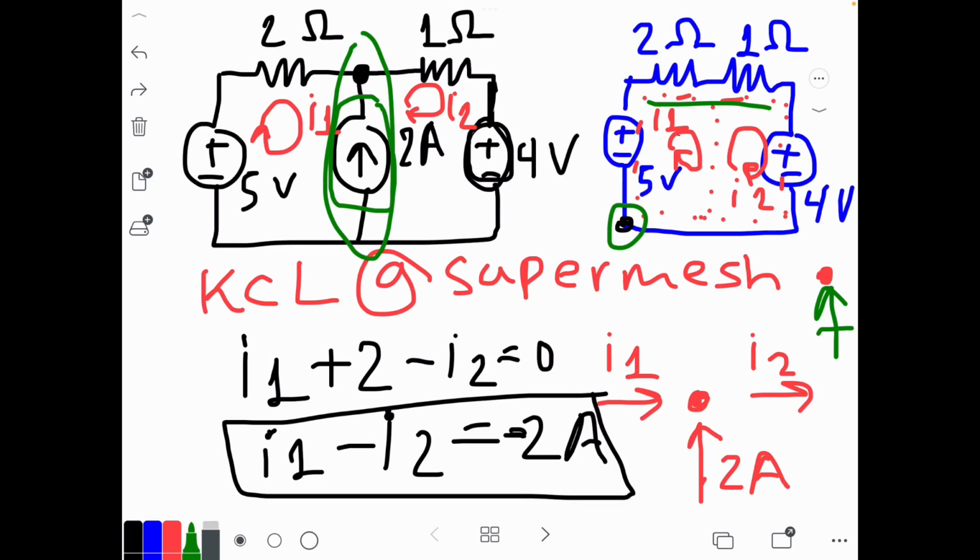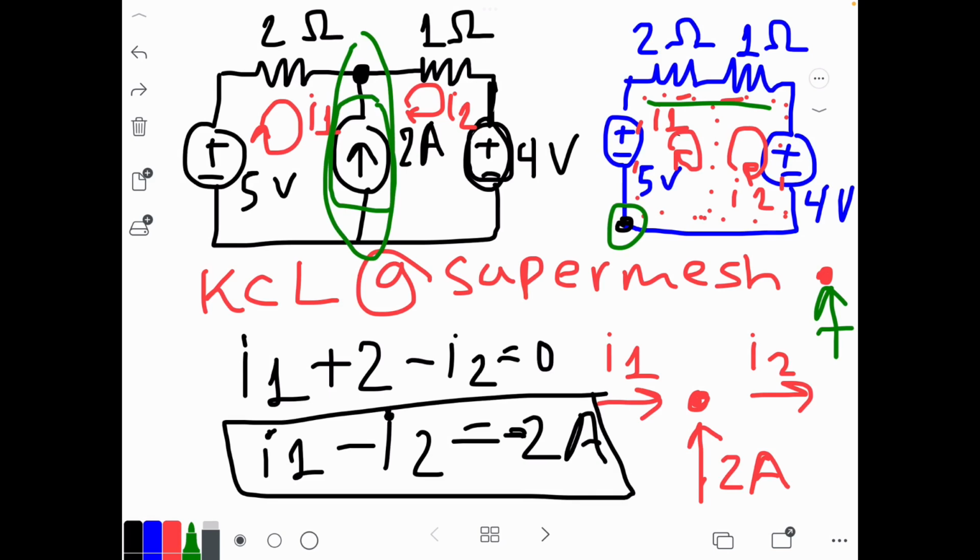So we're going to do a schematic. We know that I1 is going into that node because we're doing clockwise. 2 amps is going into that node because we know the direction is going up, and I2 is going out of it because I2 is going clockwise on its own boundary, so it's going down.